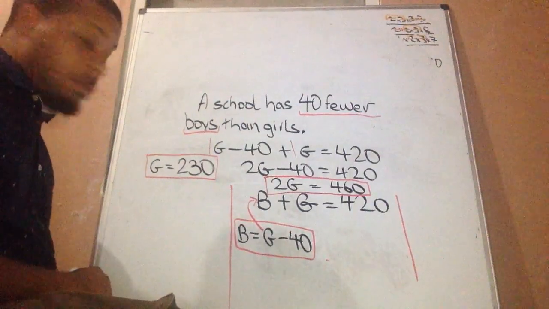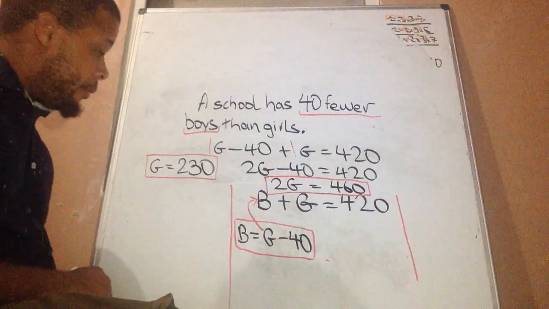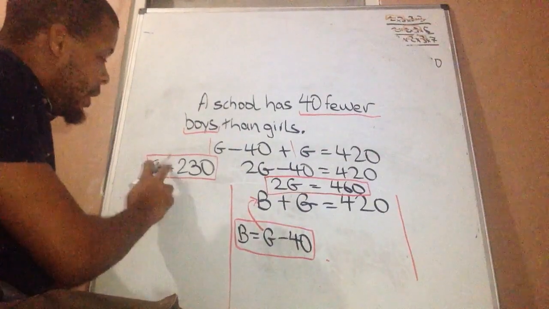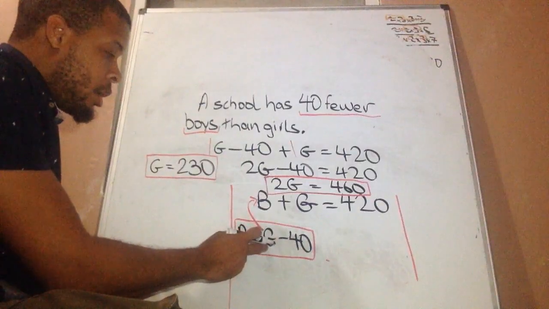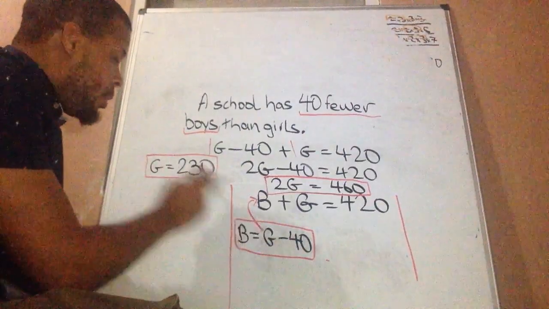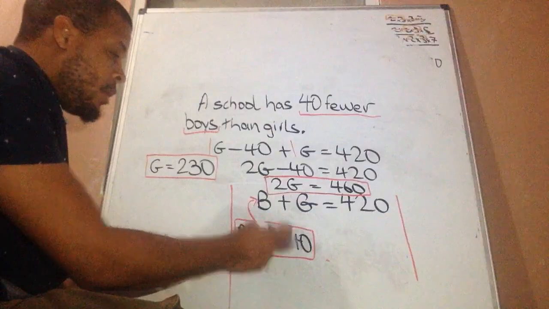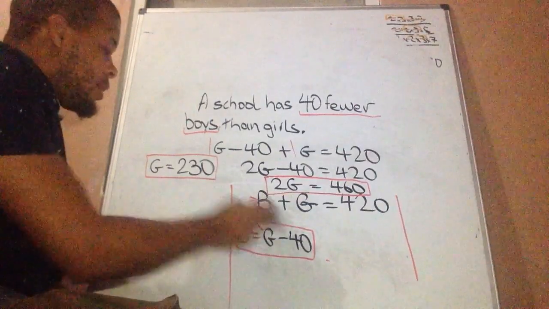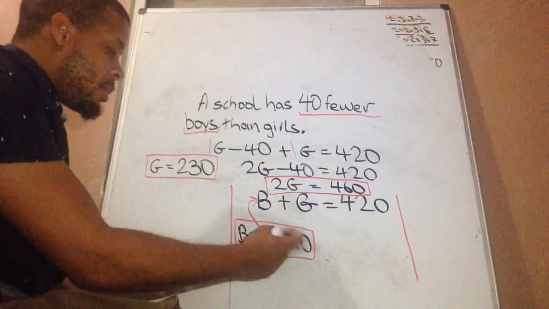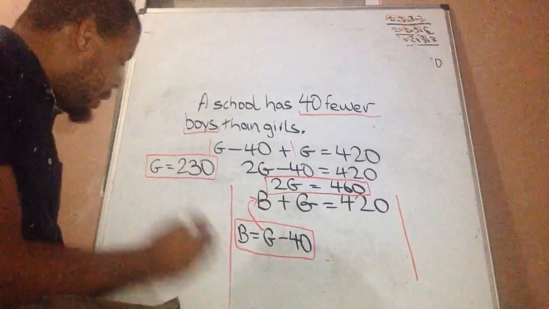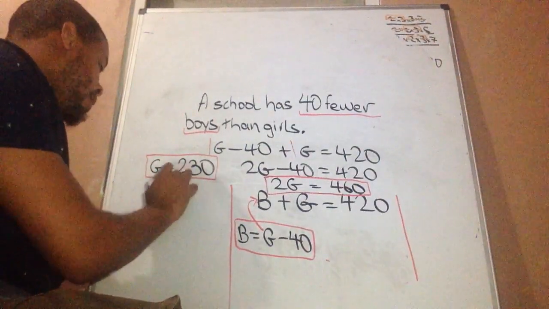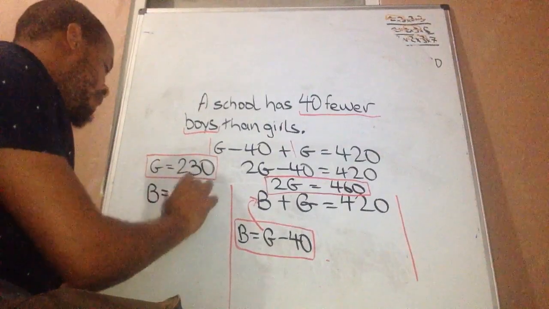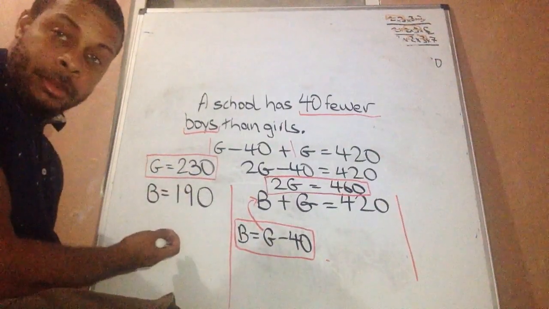I know everything lines up. Let us put this right here. 230 here. If we replace G with 230, 230 minus 40, let's minus 30 from this, you get 200. 200 minus 10. For the boys, we have 190 of them.